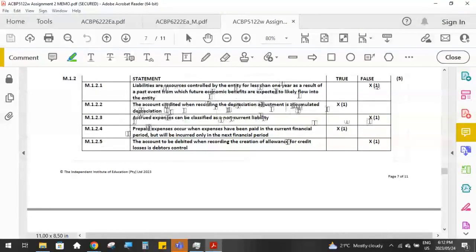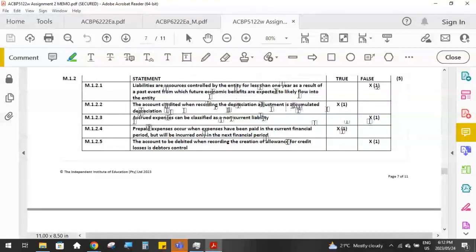Then prepaid expenses occur when expenses have been paid in the current financial period, but the actual expense will only be incurred in the next financial period. And that is true. So sometimes we do prepay. So in other words, you can particularly say, for instance, with rent or insurance, this often happens.